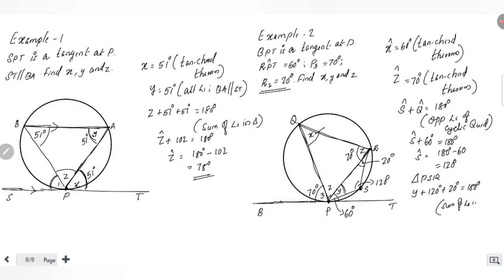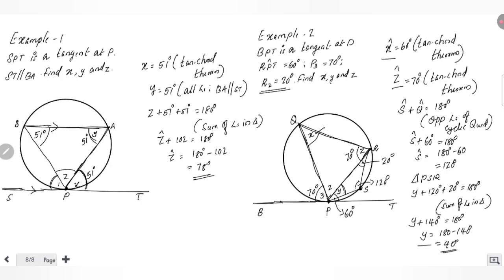Now Y plus 140 is equal to 180. Therefore Y is equal to 180 minus 140, which is 40. So we got the Y value.